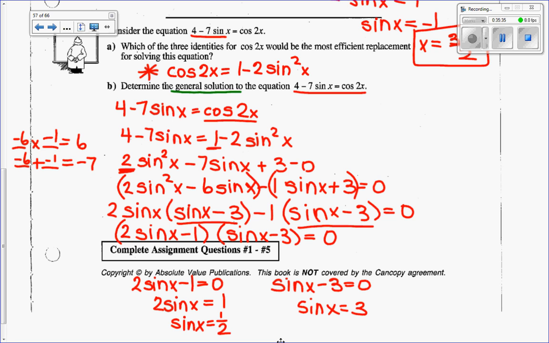Again, we're going to look on our unit circle and see where sine x equals 1/2. Sine x equals 1/2 at pi over 6 and at 5 pi over 6. And sine x never becomes 3, so there's no solution on this side.